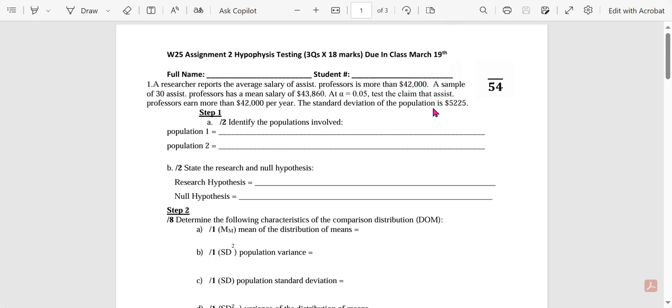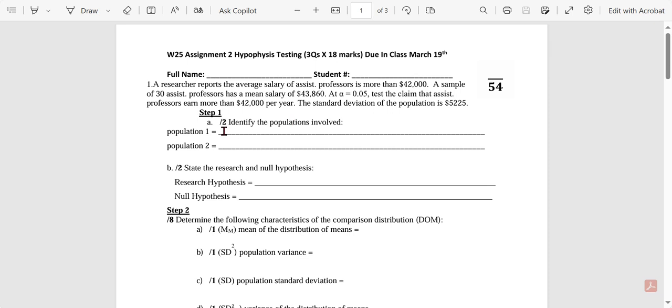All right. So you have a sample of 30 professors, so there's enough people in your sample. The sample has a mean salary of $43,860. Okay, and the population standard deviation, $5,225.